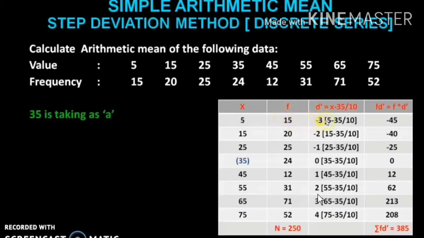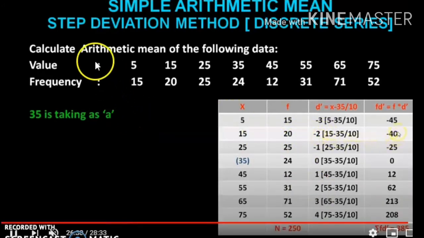Next, n is equal to, you have to find sigma f. Sigma f is equal to 250, and the final column, sigma f d dash, is equal to 385.